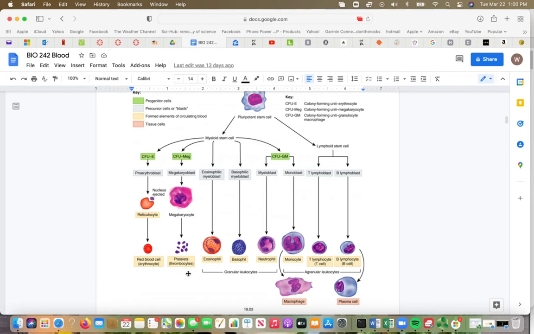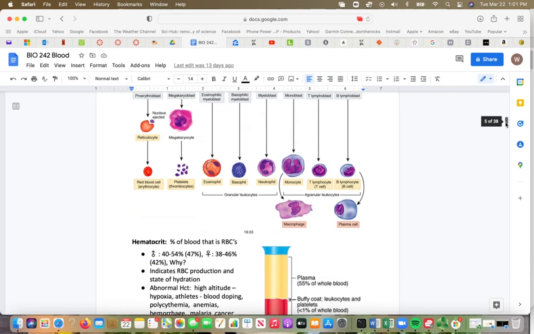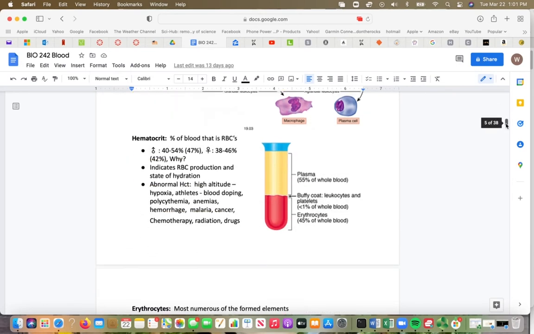It'll make megakaryocytes that eventually become platelets, eosinophils, basophils, neutrophils, and your monocytes, which can become your macrophages. So we have little hormone signals that are going to help to tell them which pathway they should go on in their development.